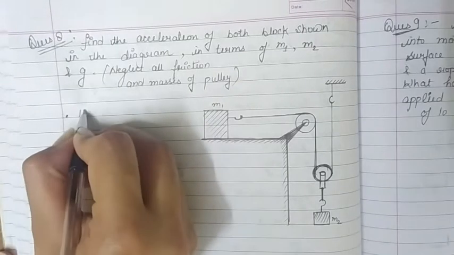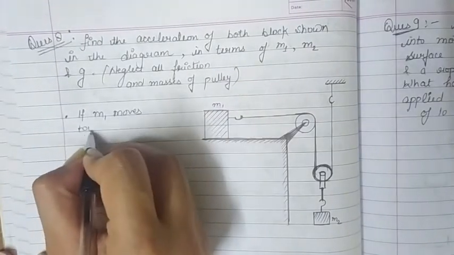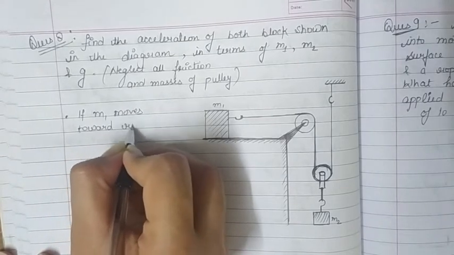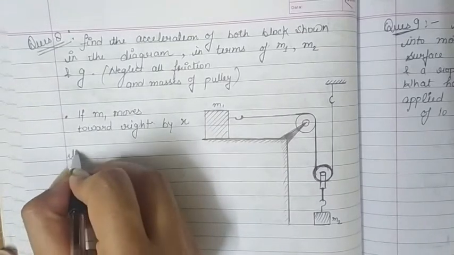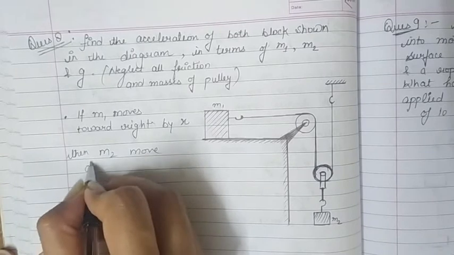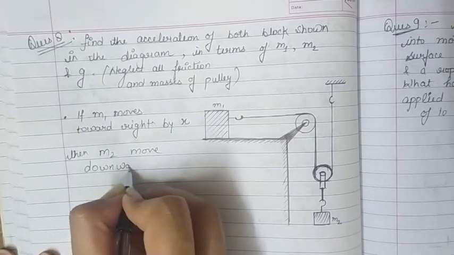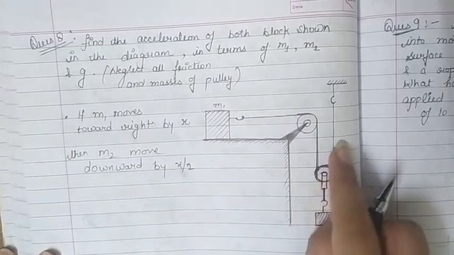If m1 moves toward right by length x, then m2 moves downward by x by 2, and the reason is that this rope is divided into two sections.